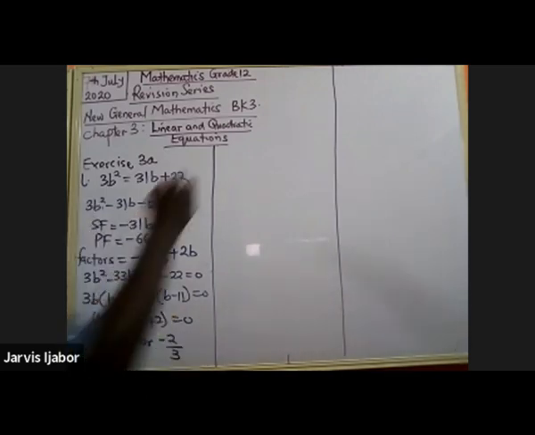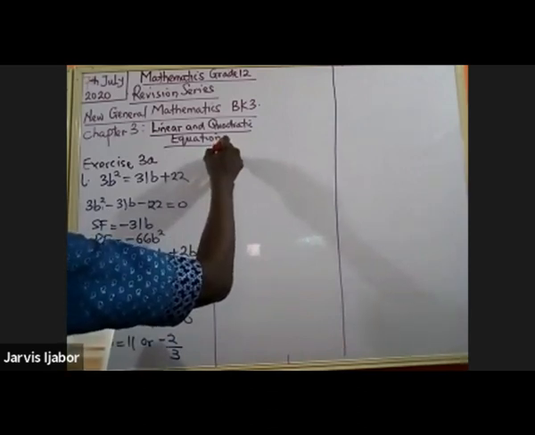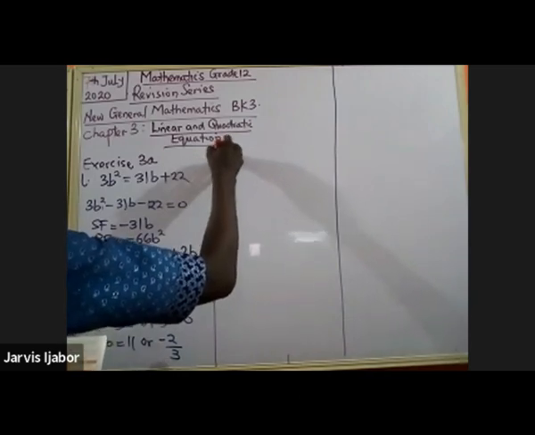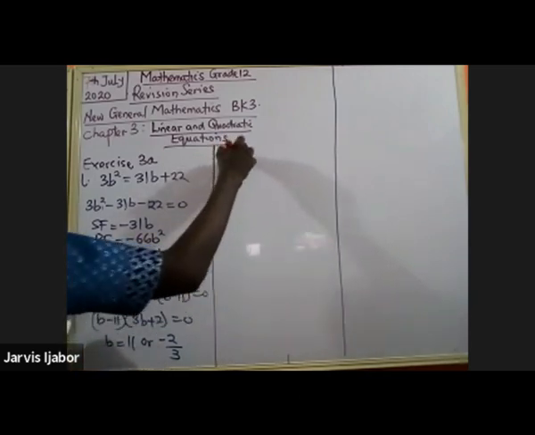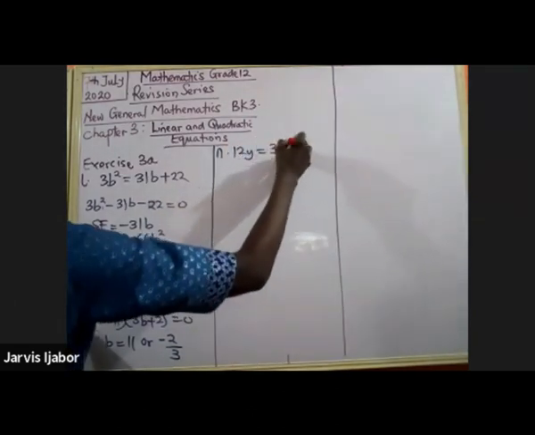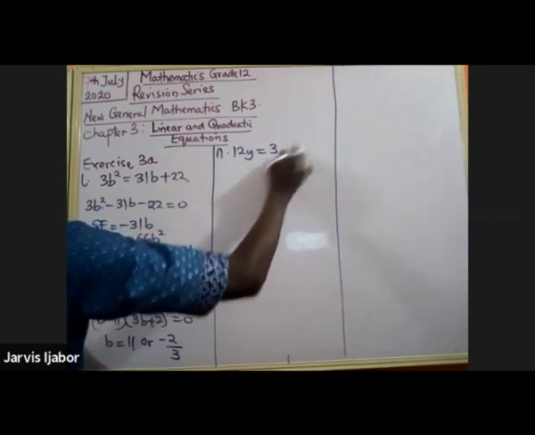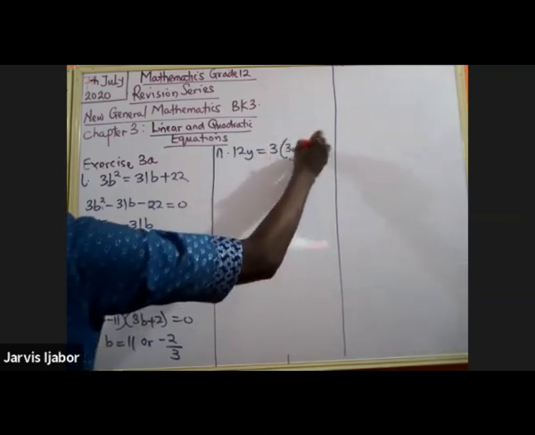Let's take one more question from there. Let's take n. In n, you have 12y equal to 3 into y squared into 3 into 3y squared plus 1.